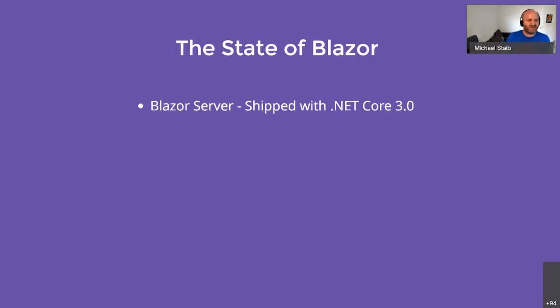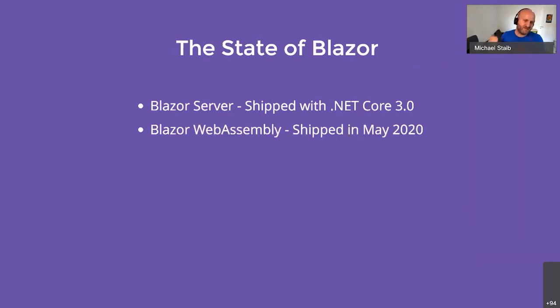And basically what they changed is they swapped out the way they update the browser DOM and introduced Blazor WebAssembly, and that shipped just in May, so it's very new. But so far I haven't had any issues, but it's very new.